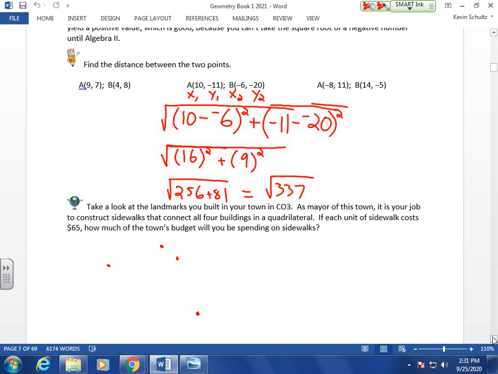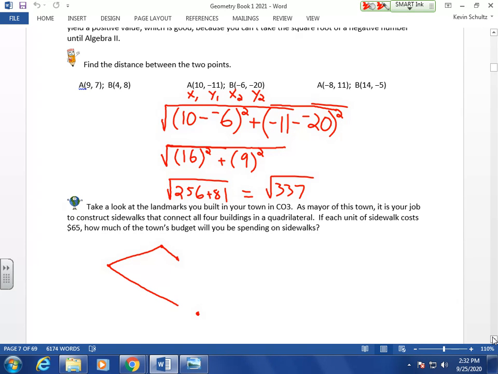Is that about right? Yeah. Okay. So as mayor of this town, it is your job to construct sidewalks that will connect all 4 buildings in a quadrilateral. What's a quadrilateral? Four-sided shape.